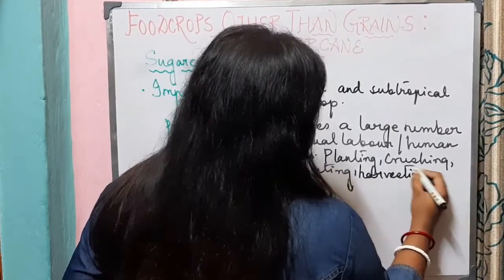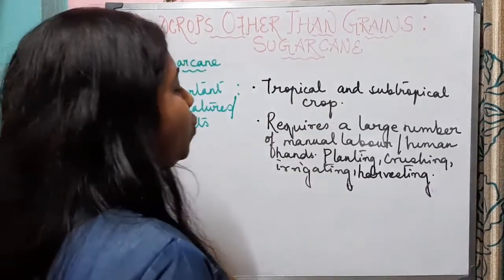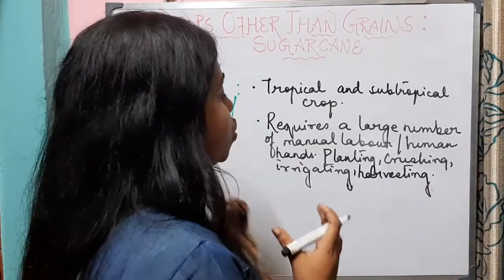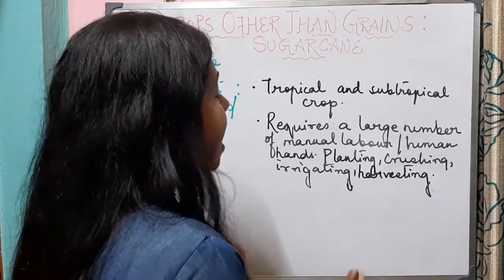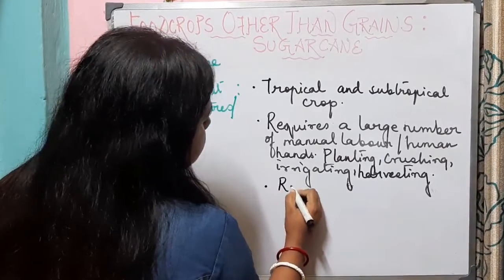So we can say that a large amount of manual labor is required to do all the work from planting, crushing, irrigating, harvesting.